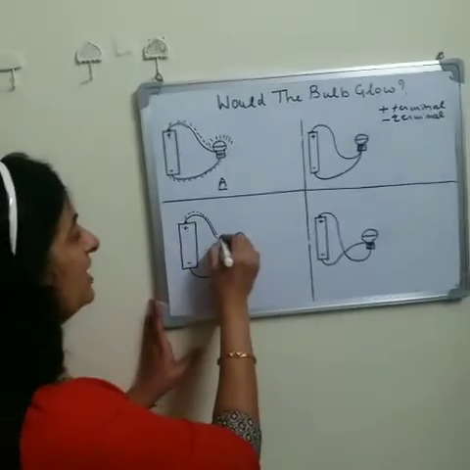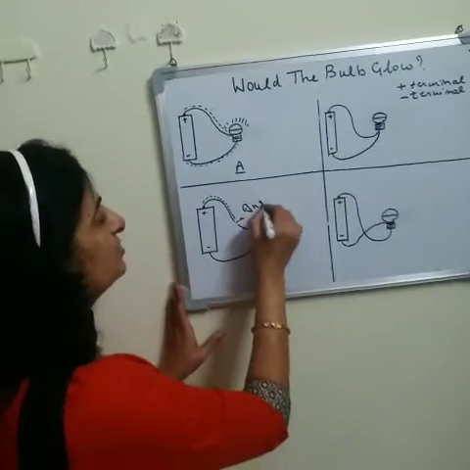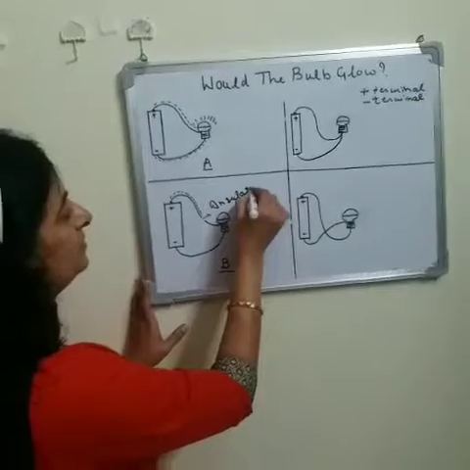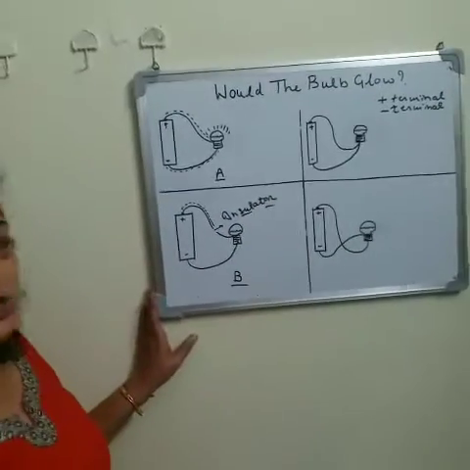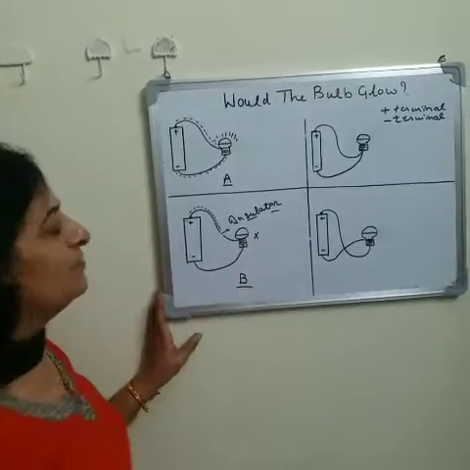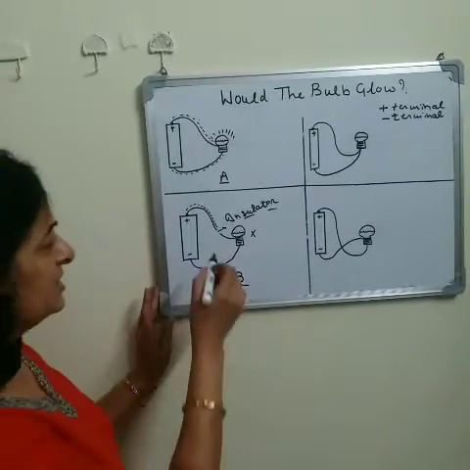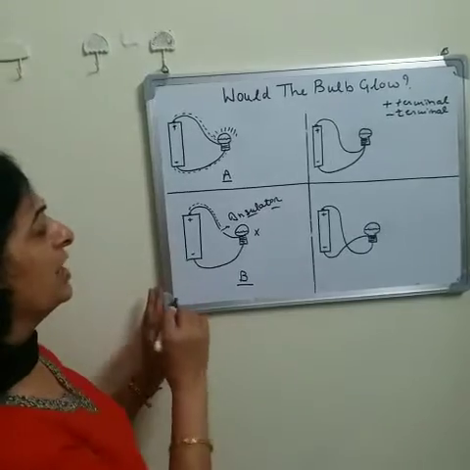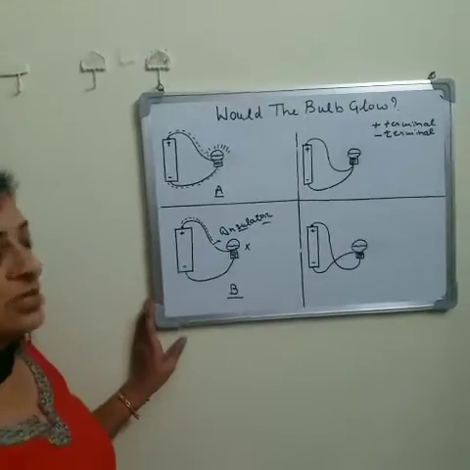No, because air acts as an insulator. So the circuit will not complete and the bulb will not glow. If there is any air gap between the wires, then the bulb will not glow.